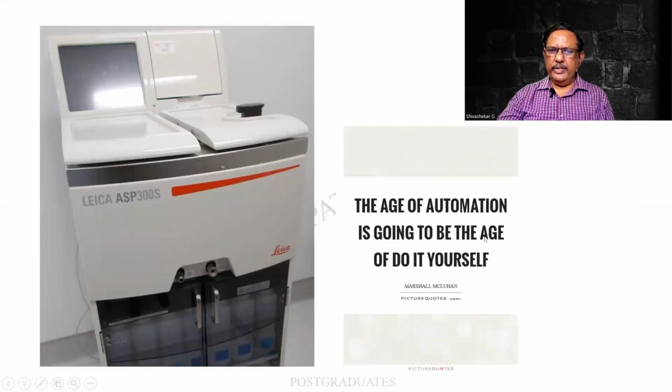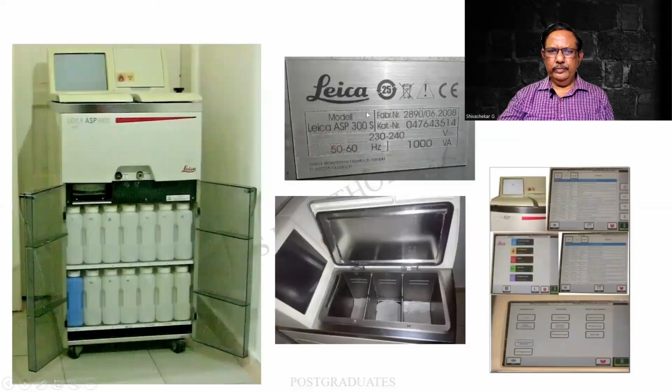The age of automation is going to be the age of do-it-yourself. That is what we had seen in an earlier quote also. So this gives an entire summary of the latest histokinette. So look at this over here. There is a monitor and all the other things that we had mentioned. And this is a trough where there can be the molten wax.